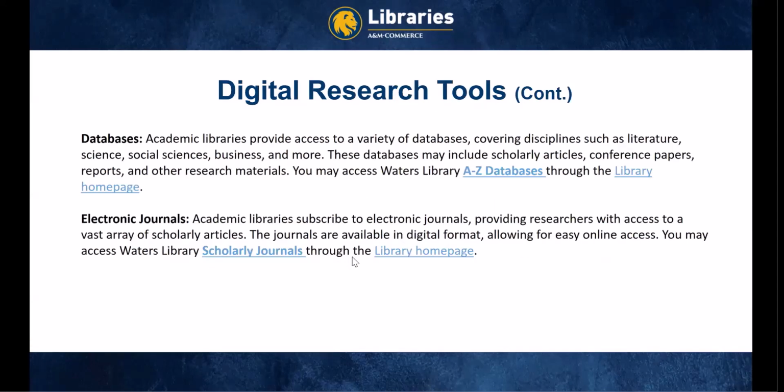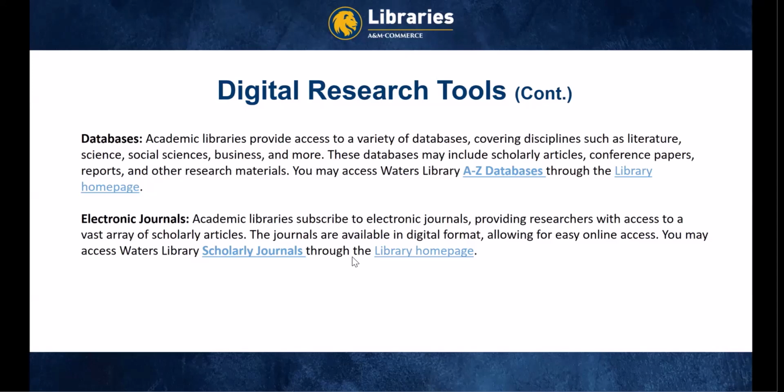Another type of digital research tools are the databases. Academic libraries provide access to a variety of databases. It means that libraries have subscriptions to and pay for them. The databases cover different types of disciplines, such as literature, science, social sciences, business, and more.